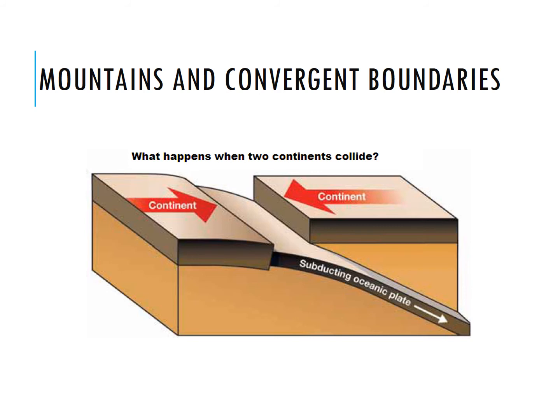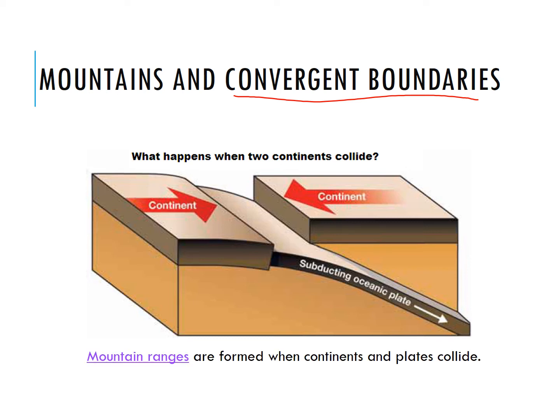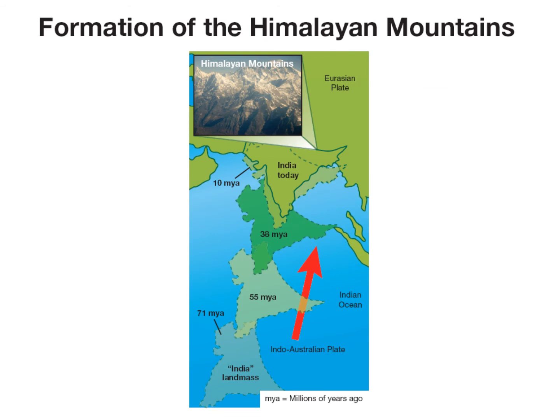Again, this is a convergent plate boundary where we have two continental plates colliding, and this is how we get our mountain ranges forming. The two plates are going to collide, they're going to be pushed up, and mountain ranges are going to form. This is what we have happening in India and the Eurasian plate. India is being pushed into the Eurasian plate, and that's how we get the Himalaya mountains forming.